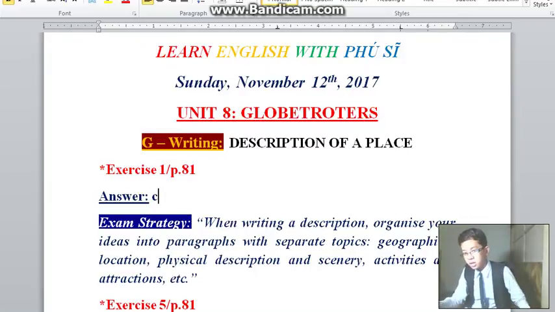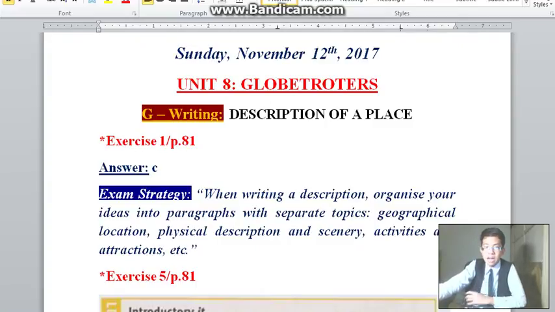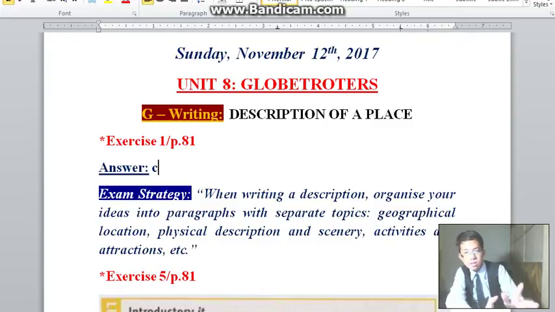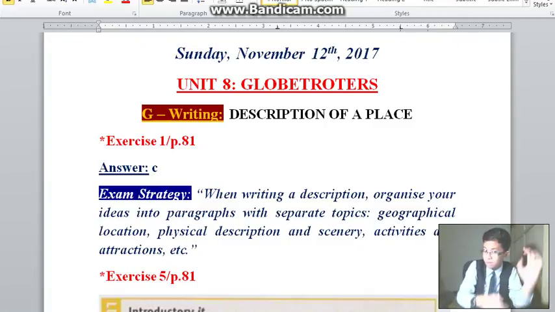Exam strategy tells us that when writing a description, organize your ideas into paragraphs with separate topics like geographical location, physical description and scenery, activities and attractions, etc. So when we want to write a description, remember, first you have to choose your ideas, organize them, and then put them into small paragraphs, all right, with separate topics.